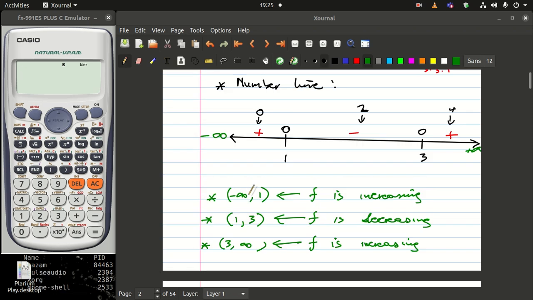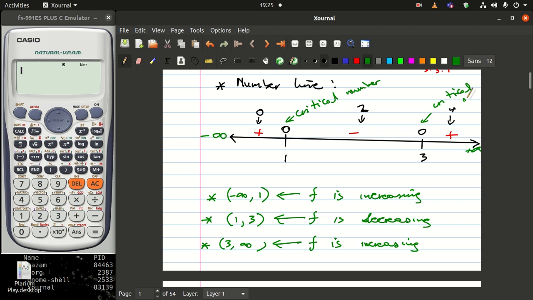We do have a critical point. So this point here is a critical number, and this one also is a critical number, because a critical number is where the first derivative is equal to 0 or it is undefined. So we have this critical number here and that critical number there.